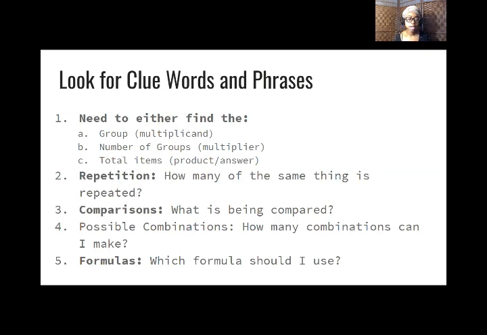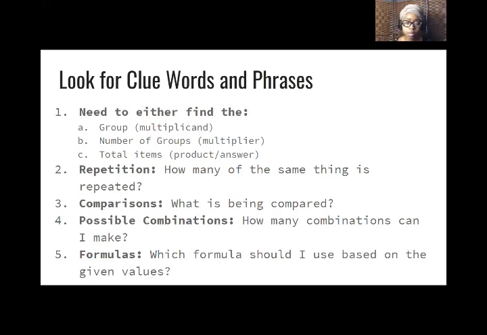So in some of the word problems that may come up, you may find that there is repetition that is being explained. So you're going to have to ask yourself how many of the same thing is being repeated. You also may come into some comparisons and you'll ask yourself what is being compared.